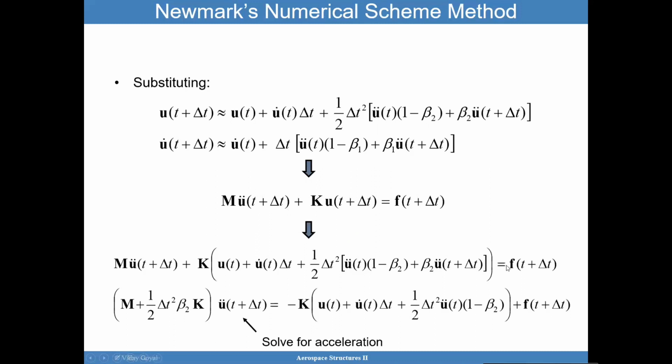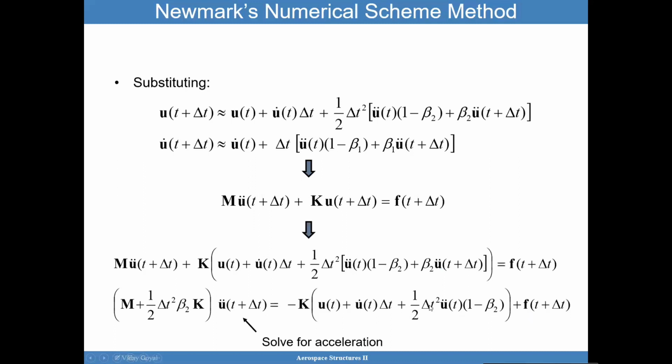And this is equal to f at t plus delta t. So now you can see that I can solve for acceleration. Why? Because here you have u double dot at t plus delta t. That can be brought up here, so I can factor it out, and the rest of it can go to the right-hand side. And this is all a function of the present time.